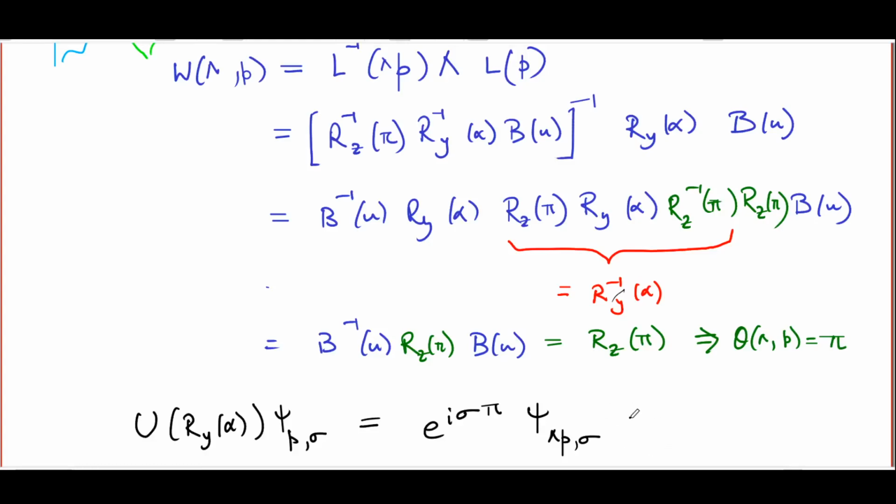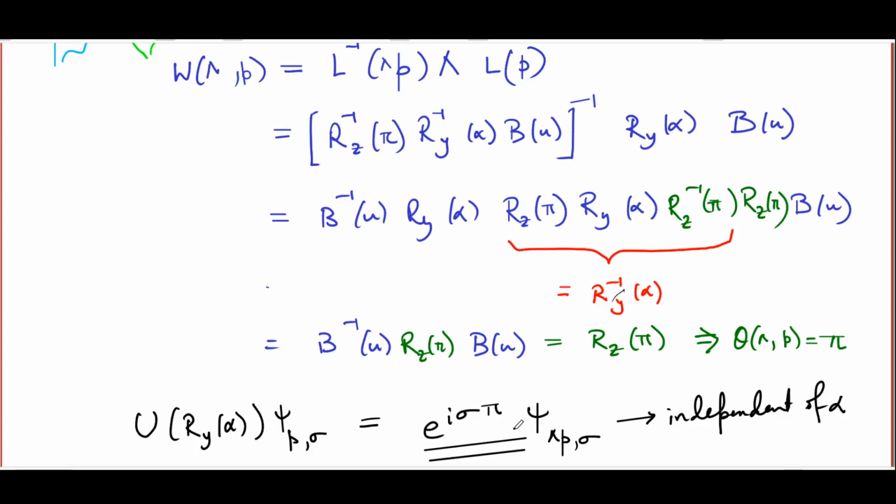Now, while this result looks very simple at the face of it, it is really rather problematic. Note that this is actually independent of alpha. At least the factor in front, e to the I sigma pi, does not depend on alpha at all. That is, it's independent of the amount of the rotation.